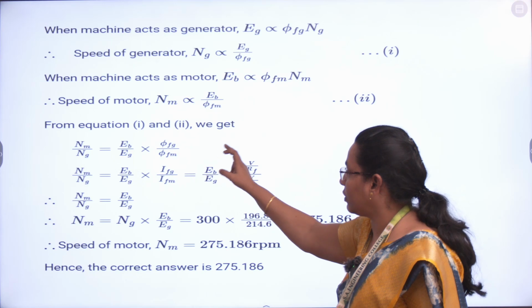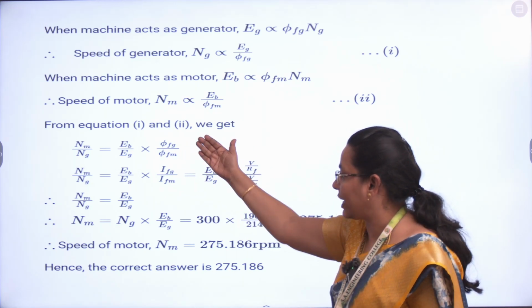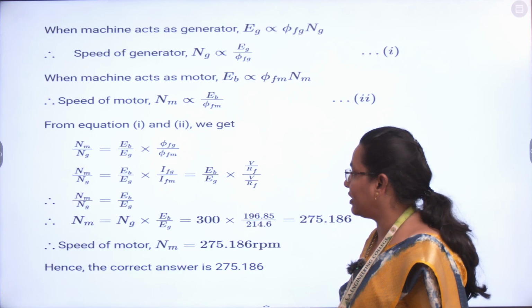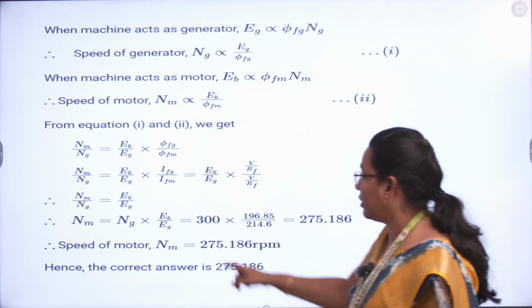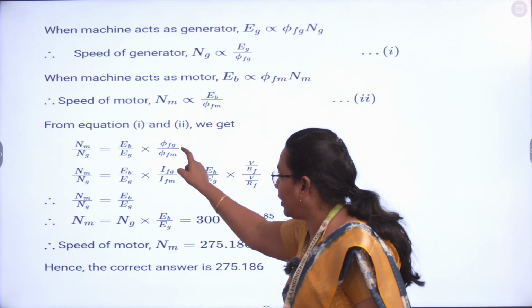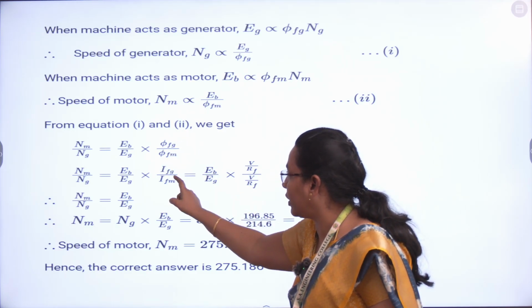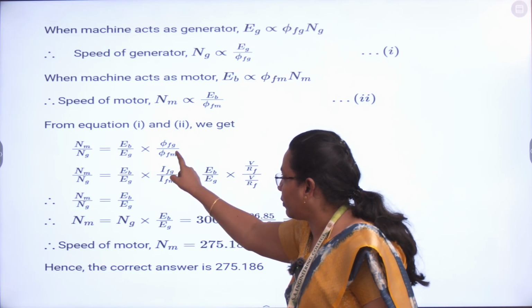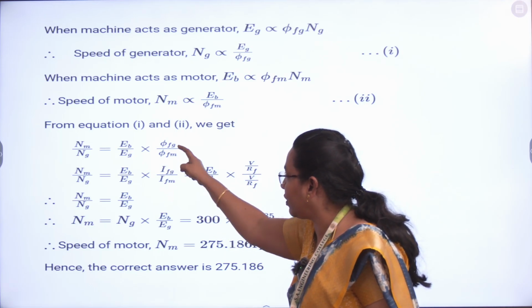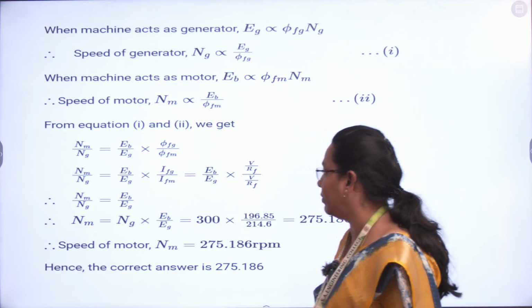From equation 1 and 2 we get motor speed divided by generator speed equal to back EMF divided by generated EMF into phi G divided by phi m. So phi is proportional to the field current, so phi proportional to IF. For the generator I am putting IFG, for the motor I am putting IFM.